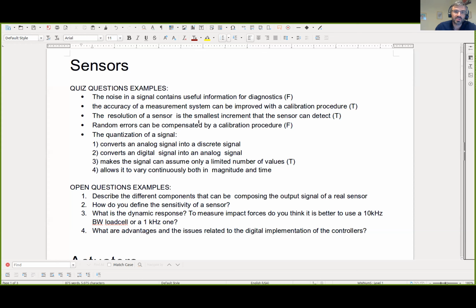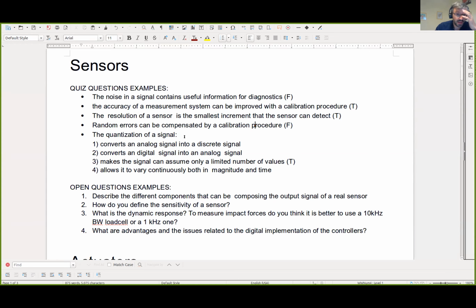The accuracy of a measurement system can be improved with a calibration procedure. This is true. The resolution of a sensor is the smallest increment that a sensor can detect. Again, this is true. And you see here a tricky question where you say a random error can be compensated by a calibration procedure. This is not true, because it's systematic error that you can compensate with a calibration procedure.